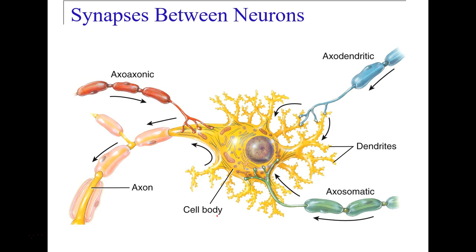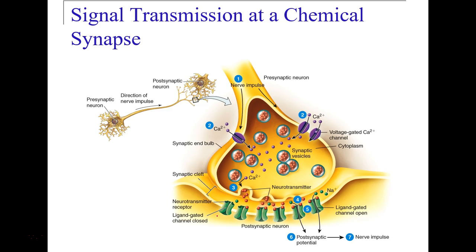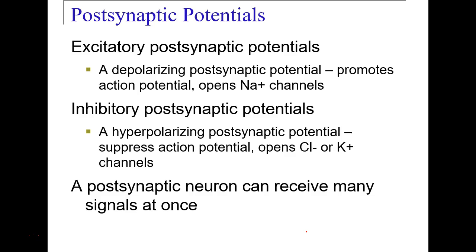These are different ways we can attach two axons. This is the synaptic cleft, so the junction between one cell and the next. Those neurotransmitters enter the synaptic cleft, attach to these channels to open them up, allowing for that action potential to move through.